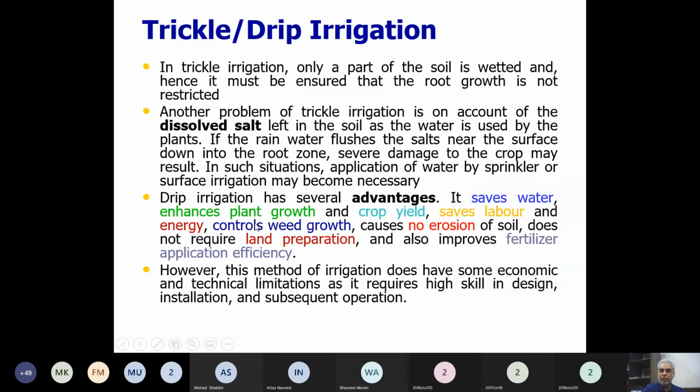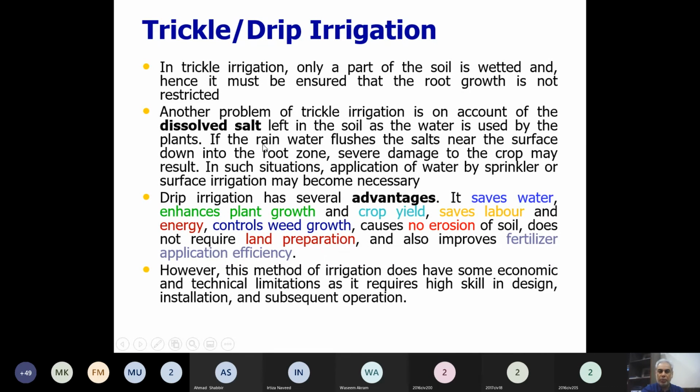Labor is less required except in the initial phase of installing it. It can better control the weeds because not all area is wetted, so weed will not grow in most of the field. Only weed are expected in the small periphery around the emitters, so that can be controlled. No erosion occurs, and we don't need to prepare the land as in the surface irrigation.